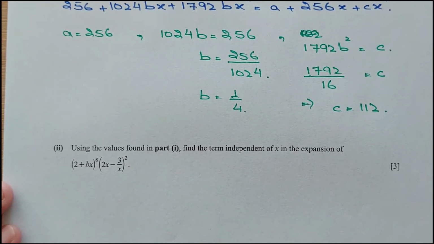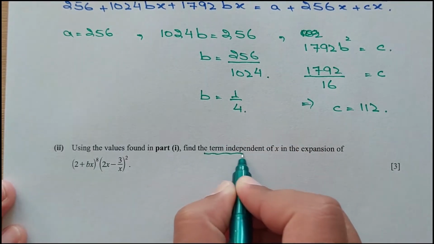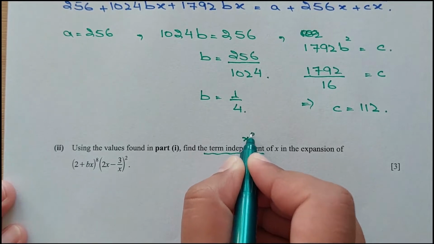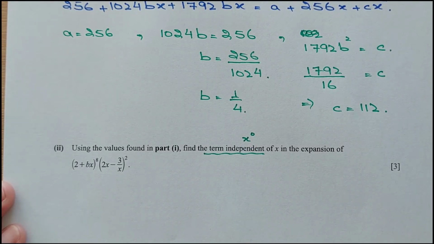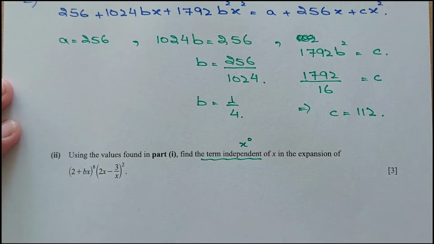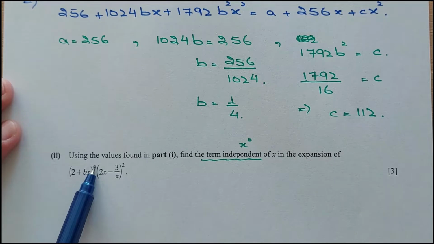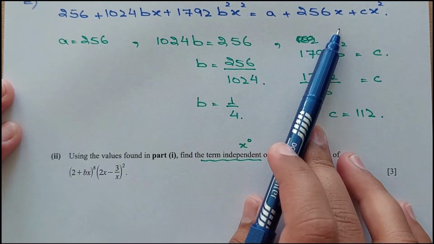Now for the second part: using the values found in part 1, find the term independent of x in the expansion of this. The term that is independent of x is a constant term, or the term having x exponent 0. So we have to use the values as well. This is the same expansion, 2 plus bx power 8, we did in part 1.